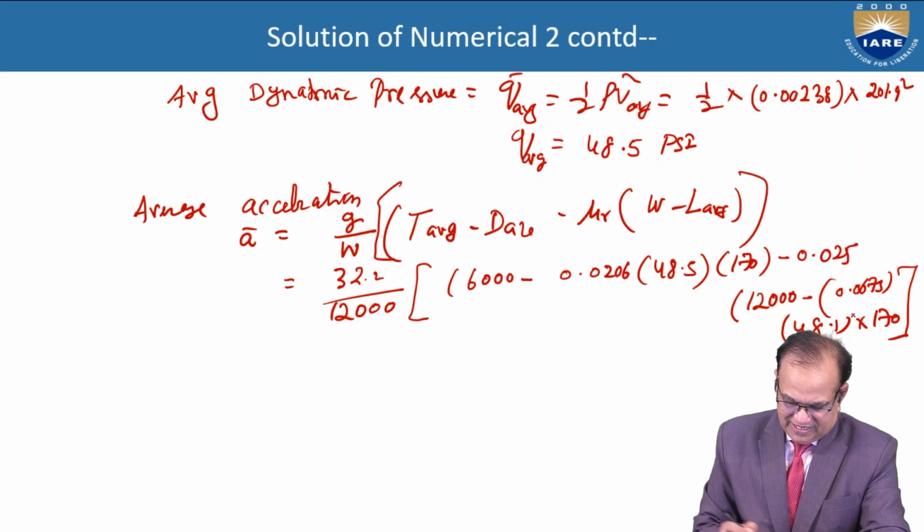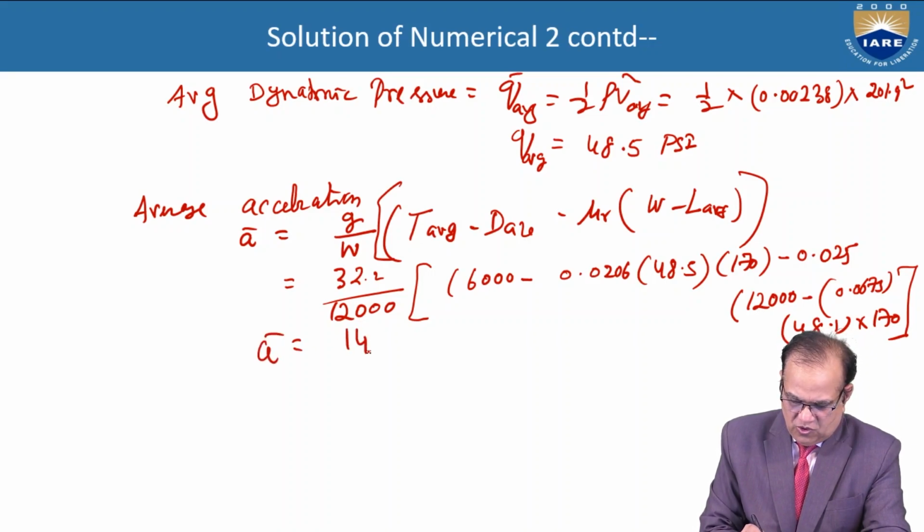So here you will get this A average is equal to 14.9 feet per second square.